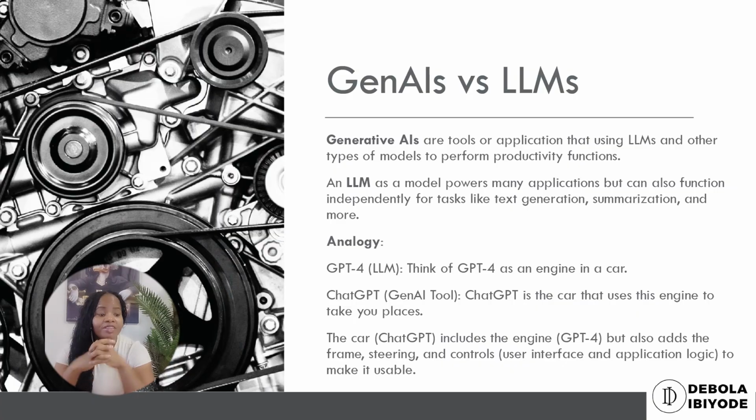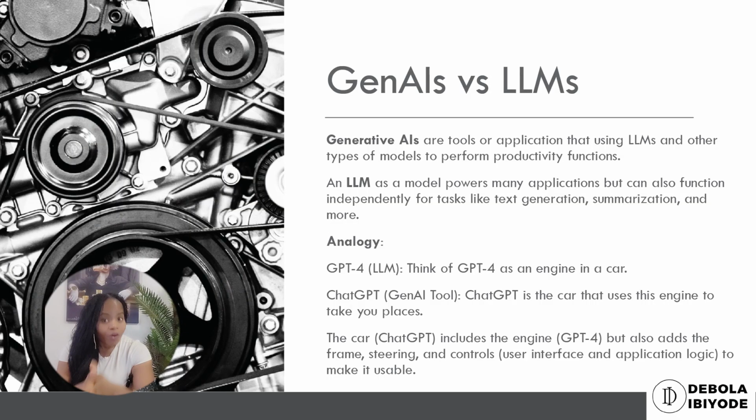What is the relationship? So I would say, giving you an analogy here, GPT-4 as an LLM is the engine of a car. ChatGPT, a Gen AI tool, is the car that uses this engine to take you to places. So if you see it that way, you would understand how a Gen AI tool relates to an LLM model.